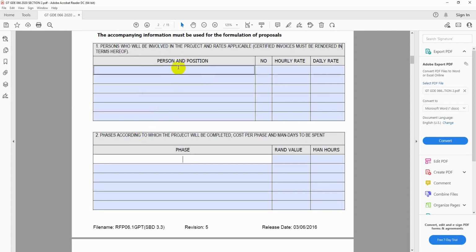So in this, obviously you're going to need cleaners, the people that are going to do the deep cleaning of the toilets. So how many will they be, the hourly rate and all that. So you get the amount. So the phases to which the project will be completed, cost per phase, and man days to be spent.